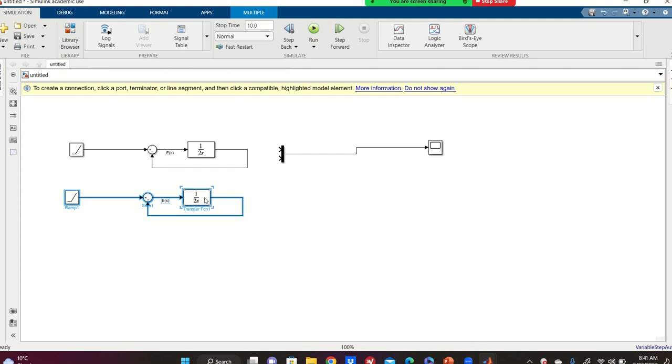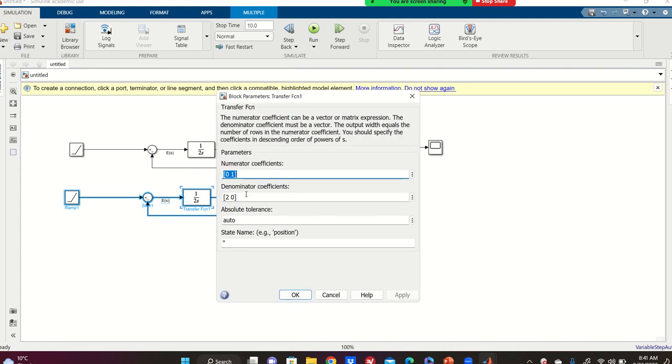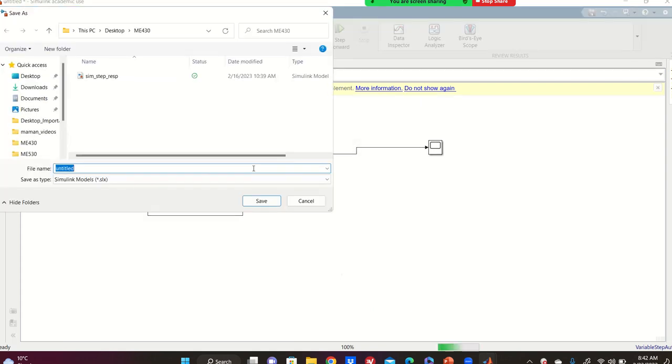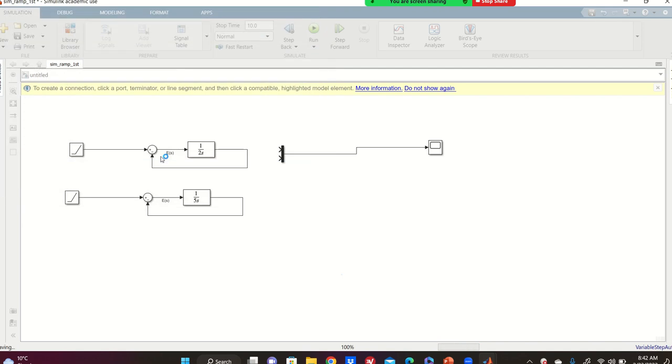I'm gonna put 1 over 5s. I'm increasing the time constant to visualize this. I'm saying a Simulink ramp. I'm gonna share with you. First order system. There we go.